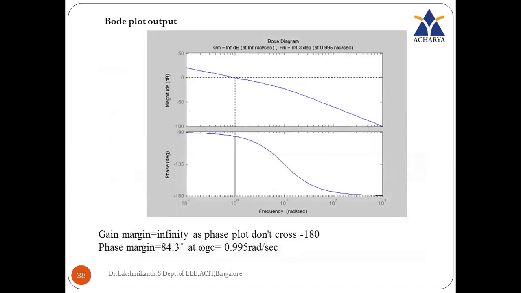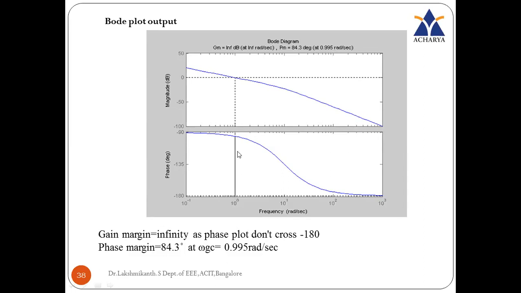And this is my Bode plot. From this Bode plot, I have tried to obtain the gain margin, that is infinity, and my phase margin, 84.3 degrees, at my gain crossover frequency 0.995.